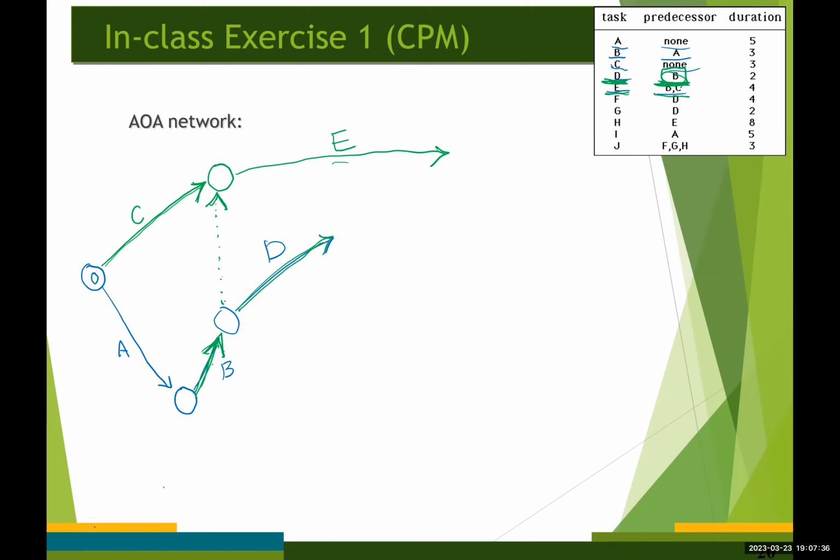This is D, and the predecessor is activity B down here. So that satisfies all of these precedence relationships so far.